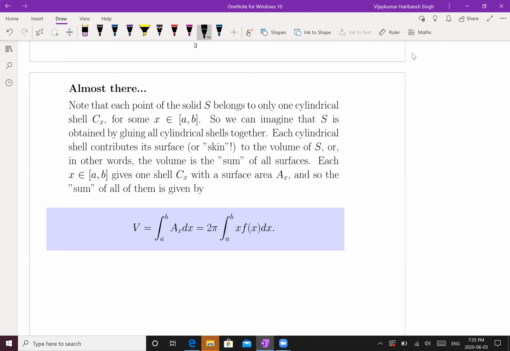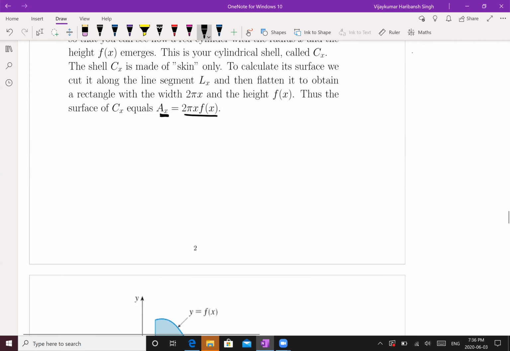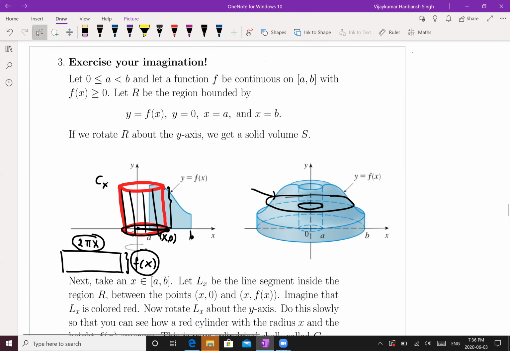So this is how you get volume, by adding all of these areas up. This is the concept of the cylindrical shell. You're not finding the area of the disk. You're finding the area of the shell, which is like a skin. Such a thing is called the method of cylindrical shells.